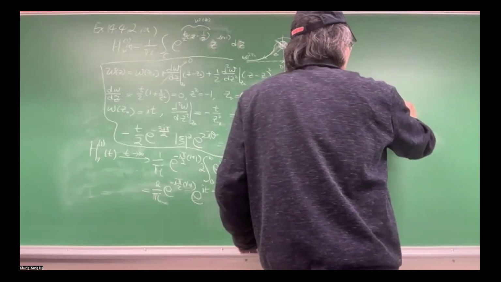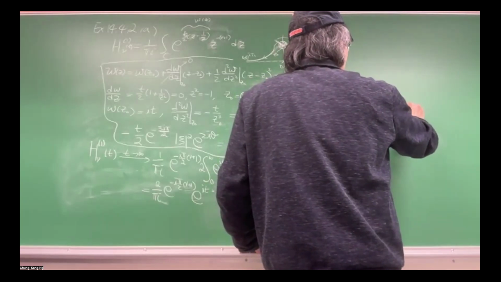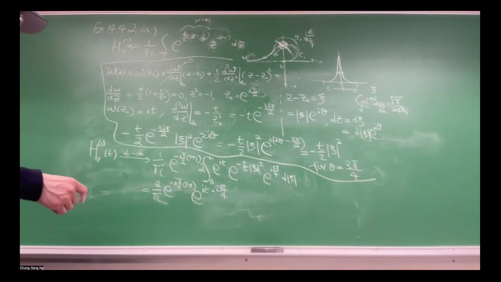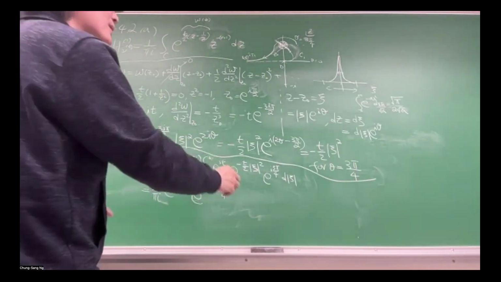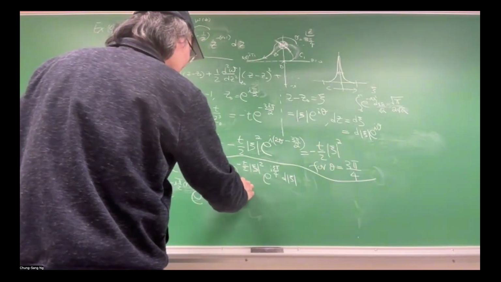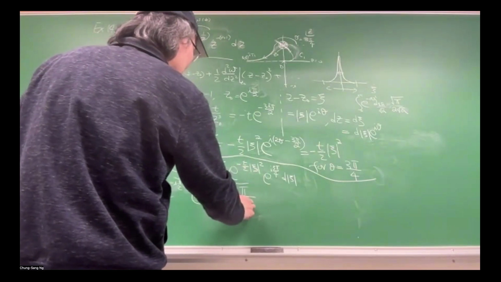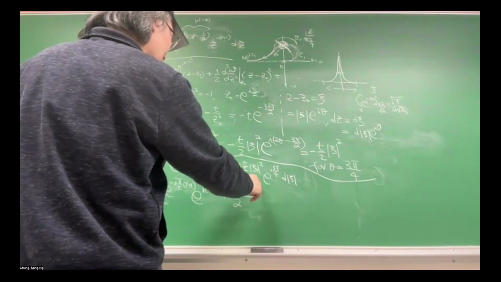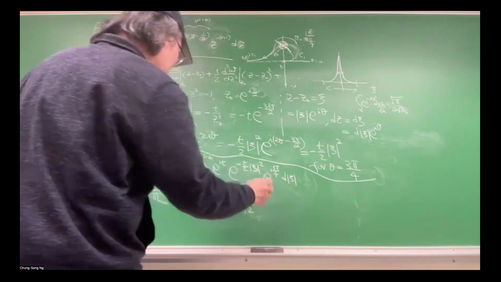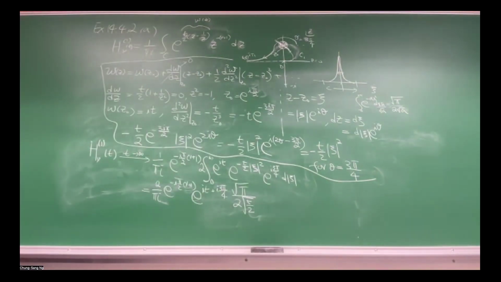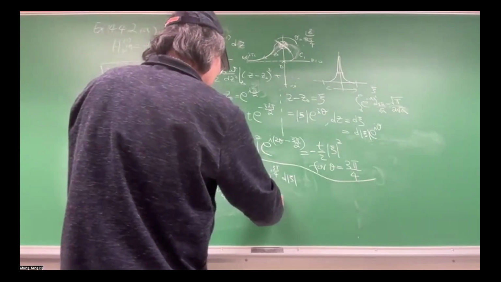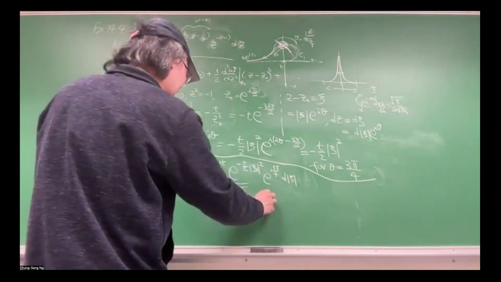Square root of pi over 2 square root of a. That's more like it, right? So basically you have square root of pi, and you have a factor of 2, and square root of a is square root of t over 2. And see if this is correct. So it's a little bit low.